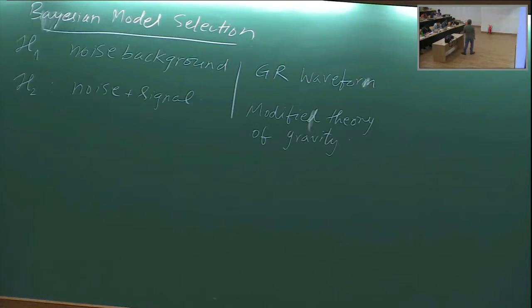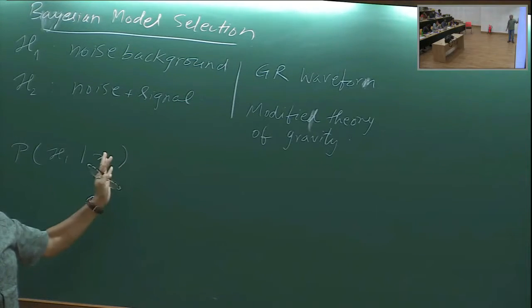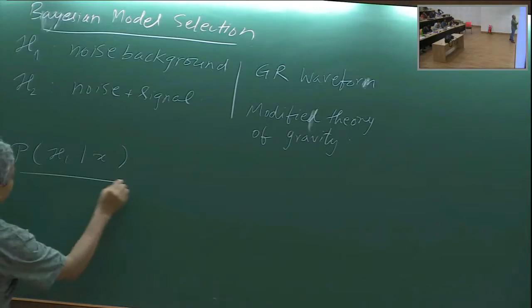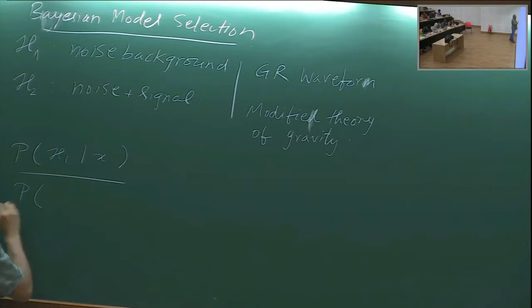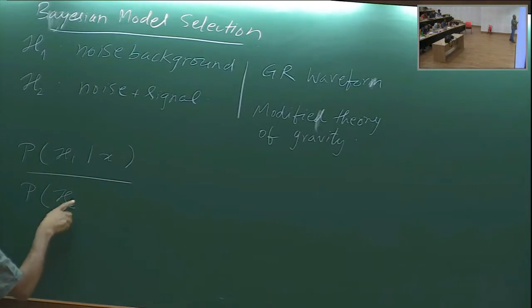Given any pair of such alternative hypotheses, one can check which model is preferred by asking the question, which of these will have a higher posterior probability? So as we have seen, the posterior probability that model H1 is true given data, in fact, I'm going to ignore all other information that might be available in order to simplify writing, divided by the probability that the data in fact describes the alternative model H2.